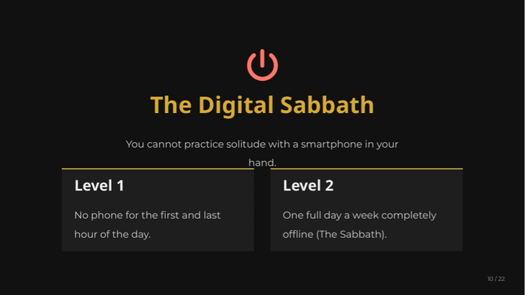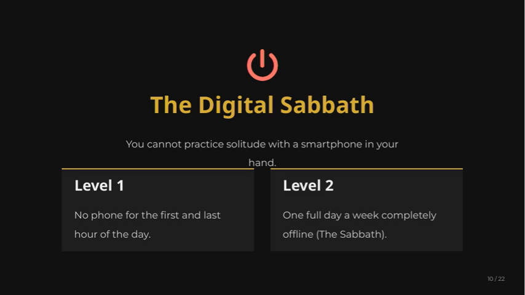Level 2 is quite strict, no phone at all for the first and last hour of the day. This helps us start and end our day mindfully, without the constant distraction of notifications or screens. Then there's level 1, which is a bit more relaxed but still important. No practicing solitude with a smartphone in your hand.